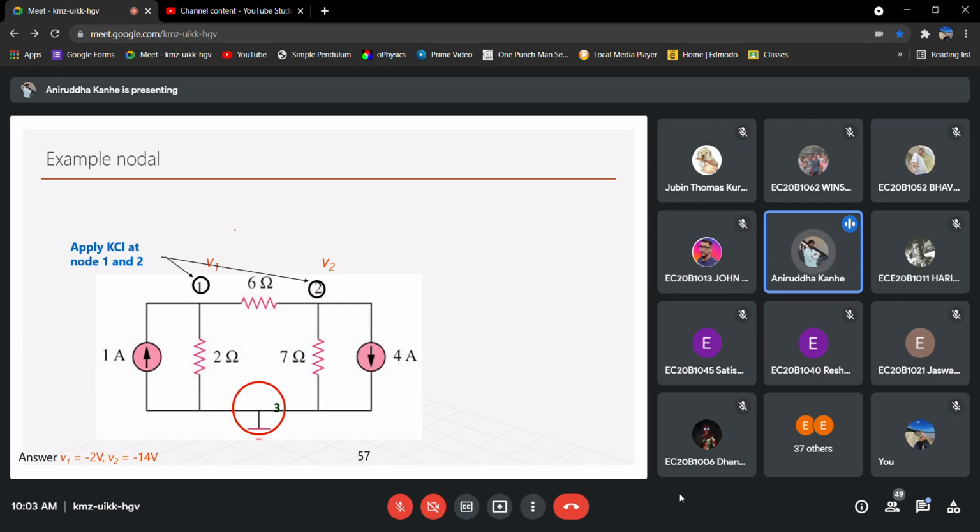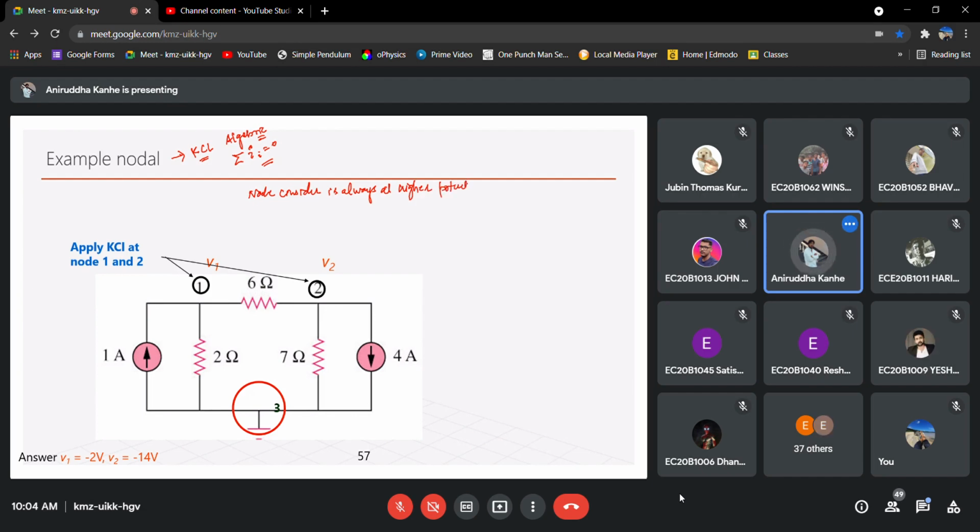Basically, nodal analysis goes with Kirchhoff's current law, and what Kirchhoff's current law says is that the algebraic sum of current is always equal to 0. So that is your Kirchhoff's law. And we have considered the node under consideration is always at higher potential.